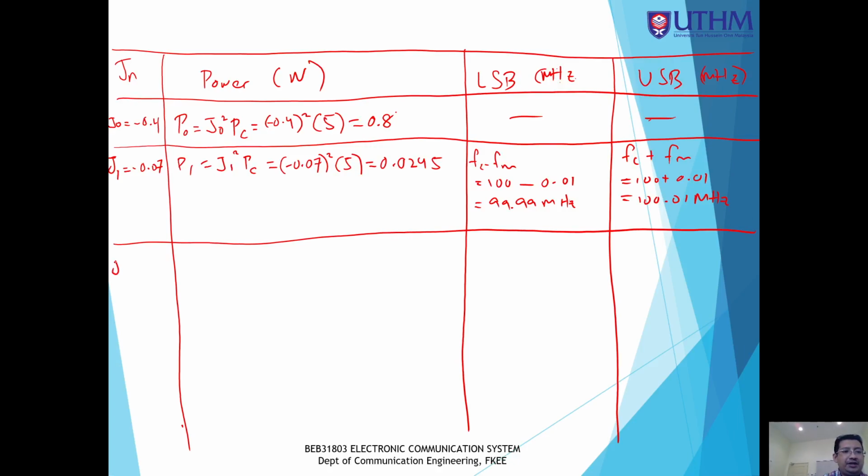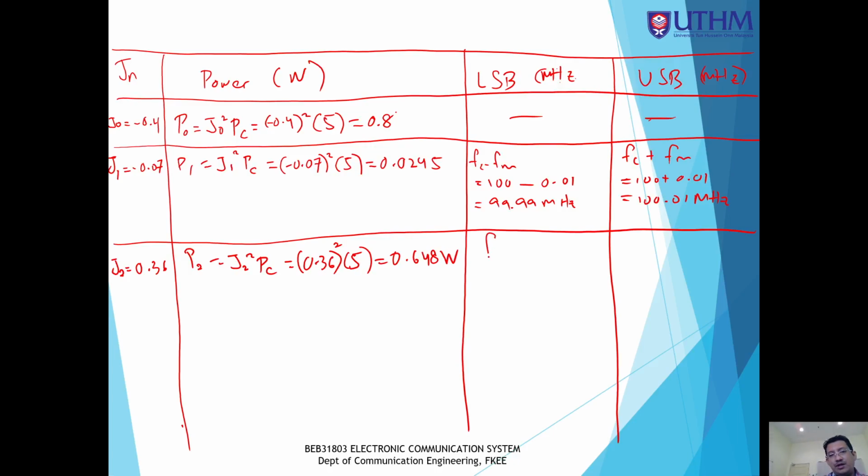And then J2, the second component, is equal to 0.36. So P2 is equal to J2 square times PC, which is 0.36 square multiplied with 5. So you get 0.648. And what about the frequency?